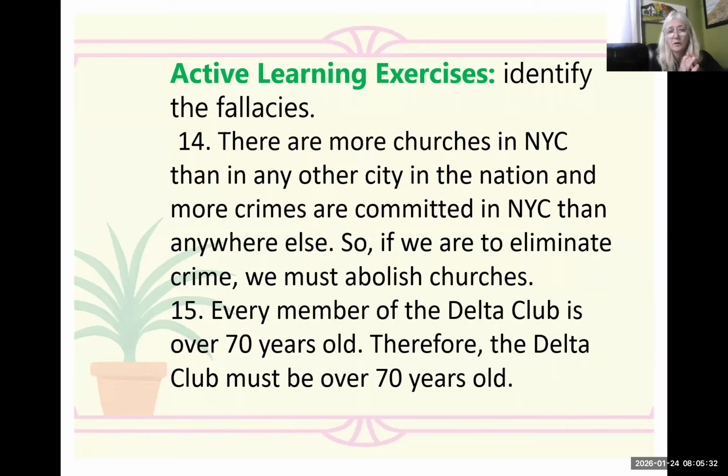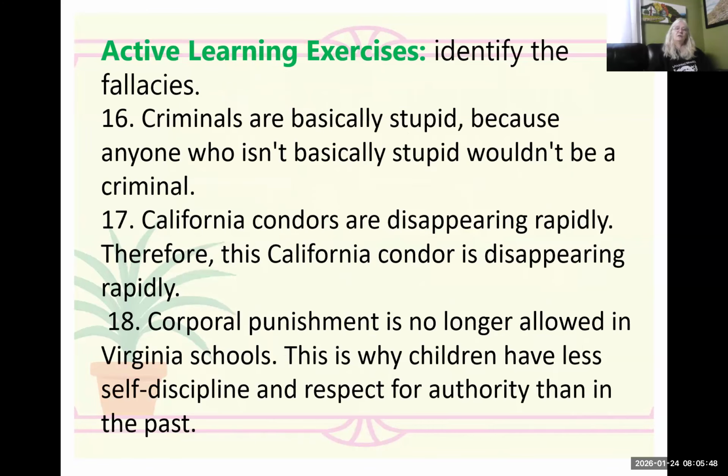So if we are to eliminate crime, we must abolish churches. 15, every member of the Delta Club is over 70 years old. Therefore, the Delta Club must be over 70 years old. 16, criminals are basically stupid because anyone who isn't basically stupid wouldn't be a criminal. 17, California condors are disappearing rapidly. Therefore, this California condor is disappearing rapidly.